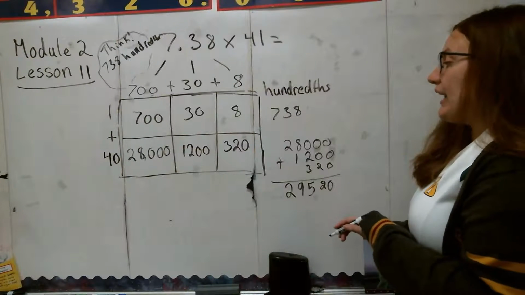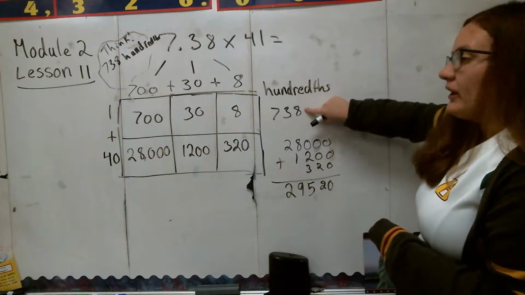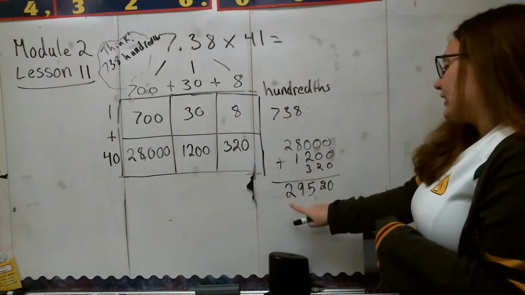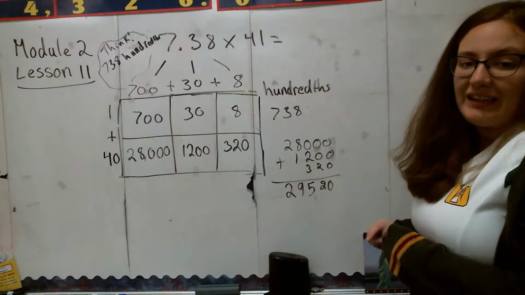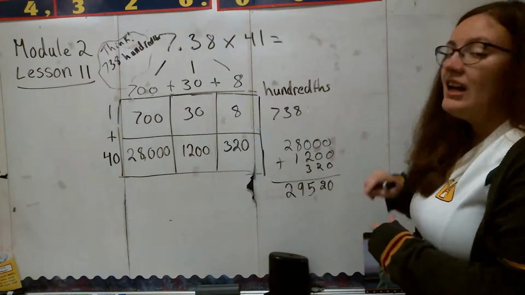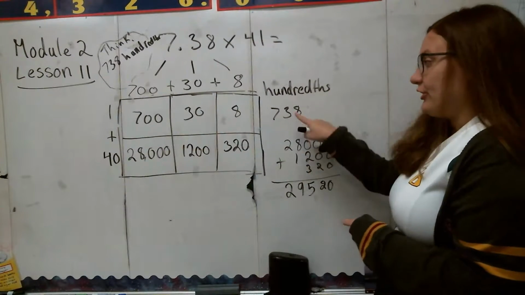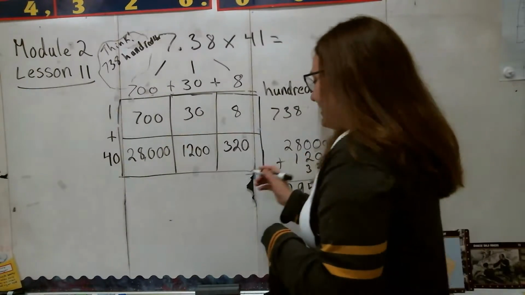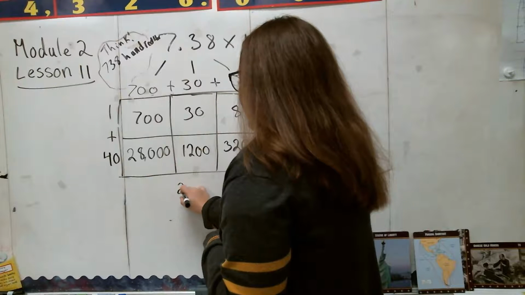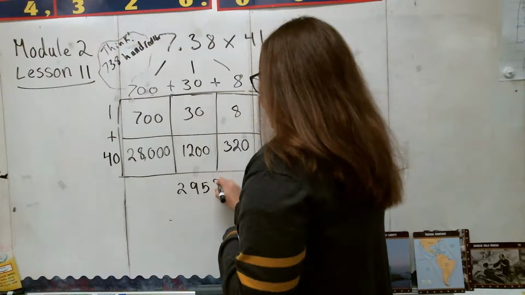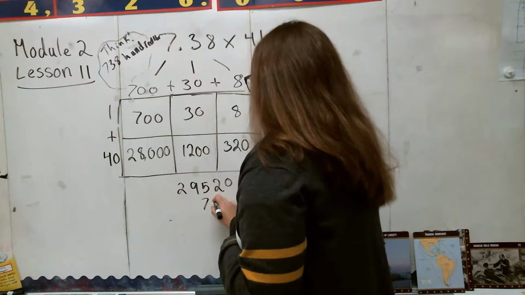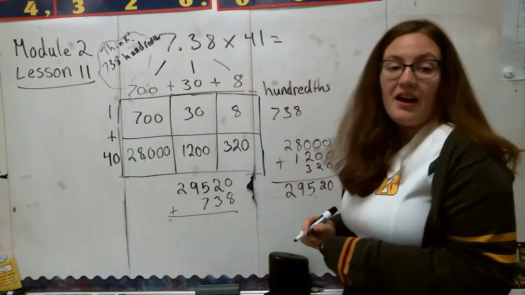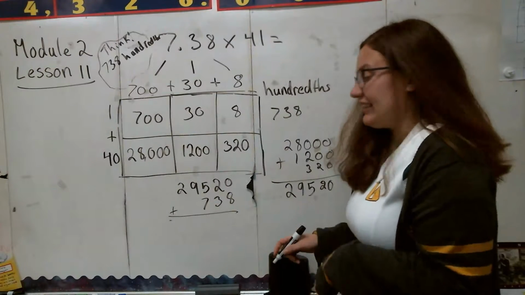So now I need to add this partial product, 738, and this partial product, 29,520, together. Remember, these are all hundredths. So 738 hundredths, 29,520 hundredths. Then I am going to set up this problem right here, like so.